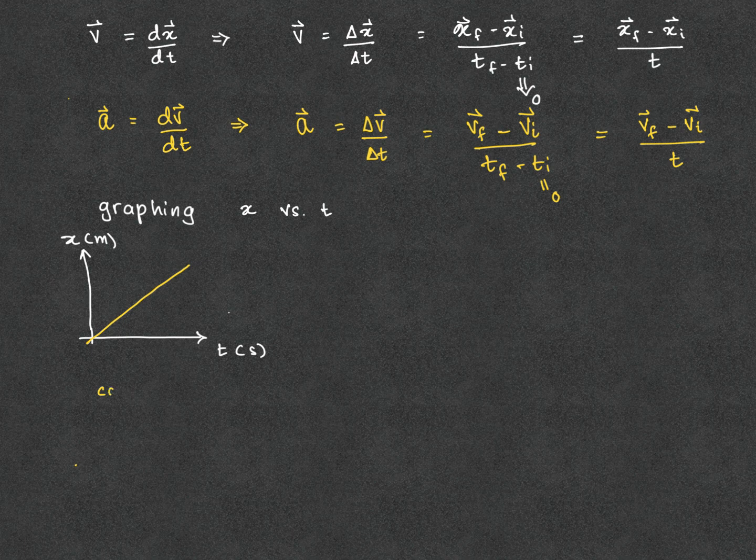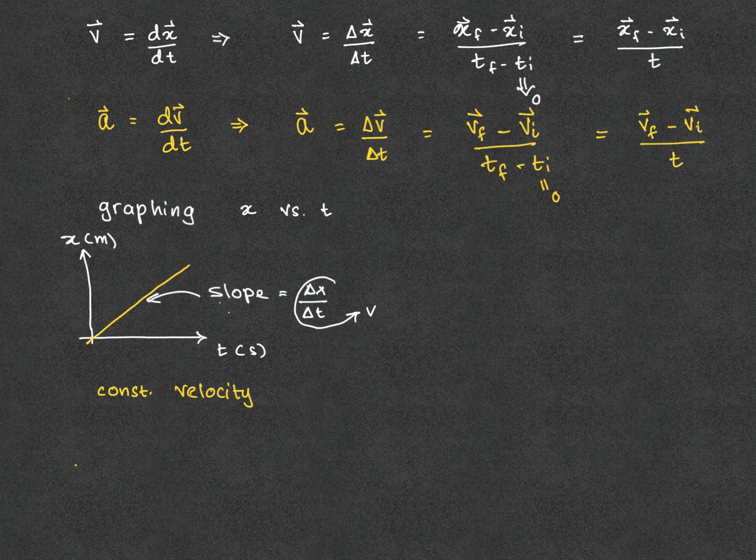Now we discussed this graph as the constant velocity graph because the slope, which represents the velocity, is a constant here. The slope of this graph, which is delta x rise over run, is nothing but velocity, right?